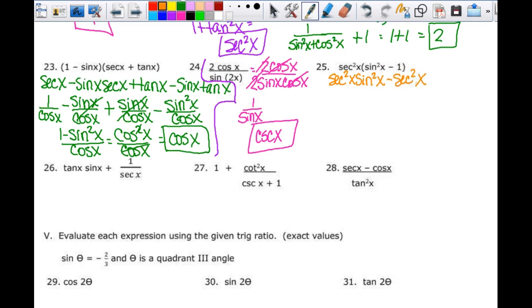Then I did my reciprocals, so I got sine squared x over cosine squared x minus 1 over cosine squared x. I think you end up doing the same steps, you just may be doing them in a different order.